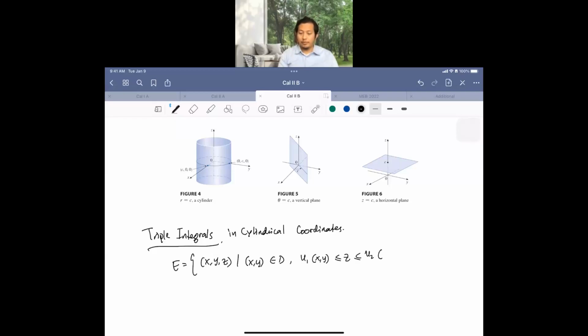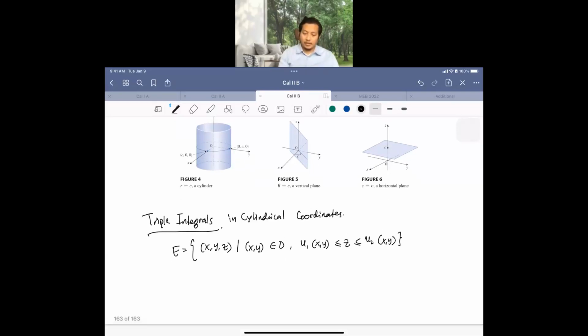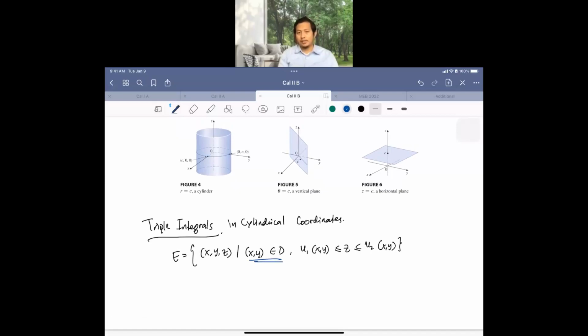If you remember what we had in the last section on triple integrals. And since D is in a polar system, we could transform this into r and theta.